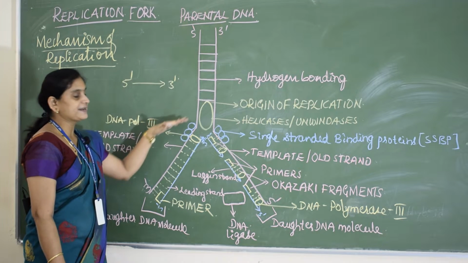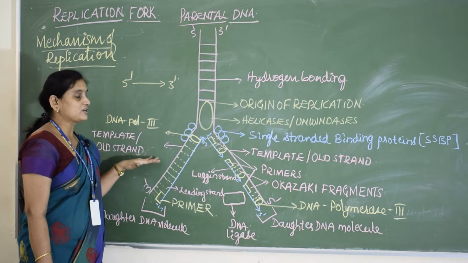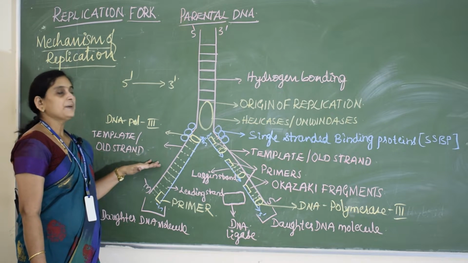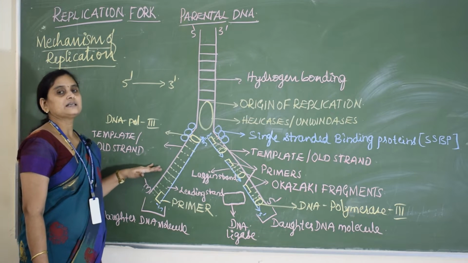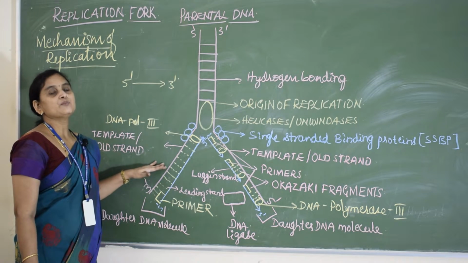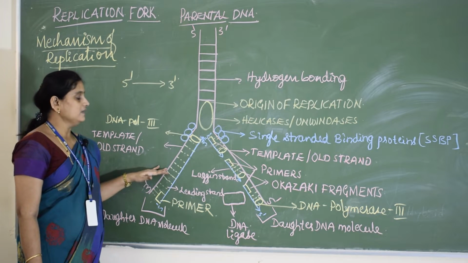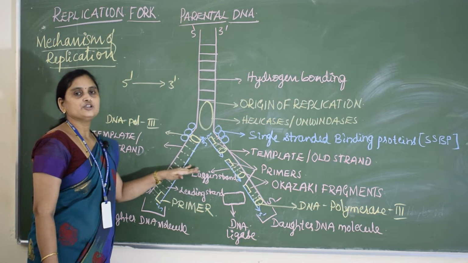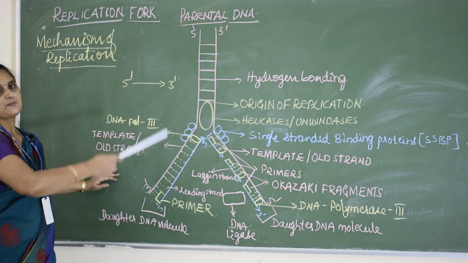It will proofread, and if it identifies any mismatching base pairs, they are immediately removed and replaced by the DNA polymerase 2 enzyme with deoxyribonucleotide triphosphates. So this is how the entire replication takes place.